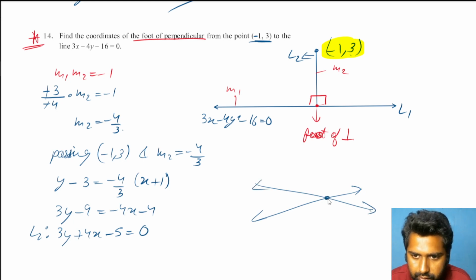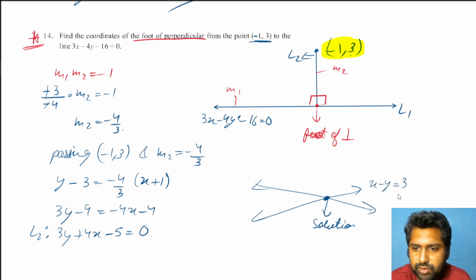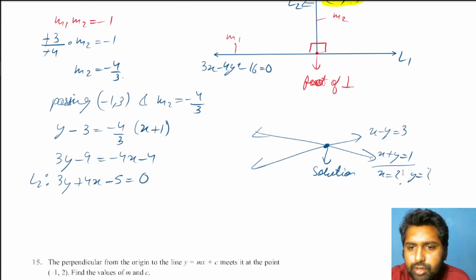The point of intersection on the graph is called the solution. Suppose you have two equations, like x minus y is equal to 3, x plus y equal to 1. If you solve these equations by elimination and get the value of x and the value of y, those values are the coordinates of this point on the graph also.